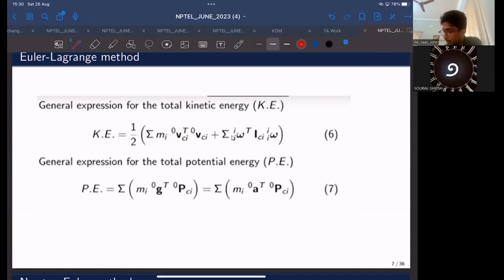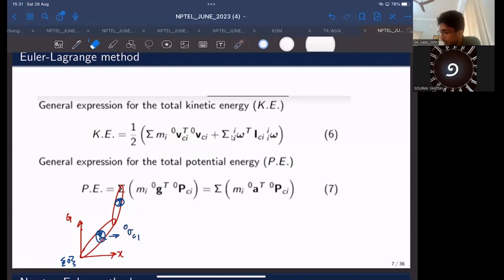Taking the context of a 2R robotic manipulator, if this is the global frame of reference, X and Y, each link will have a center of mass somewhere along its length. If I take the global frame as 0, the velocity of the center of mass of the first rigid body is 0 v_C1, and that of the second link is 0 v_C2.